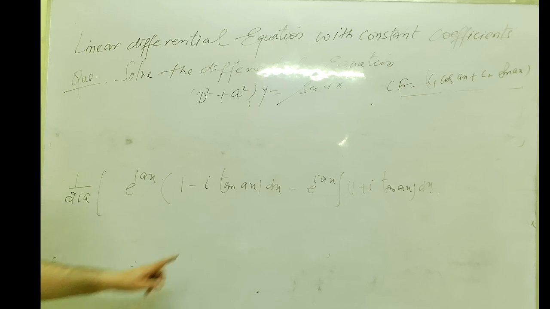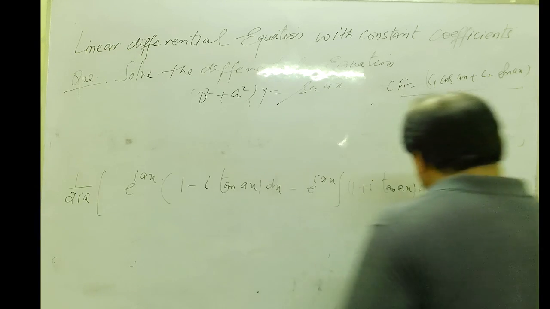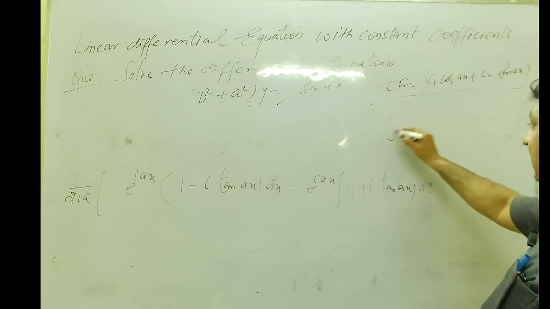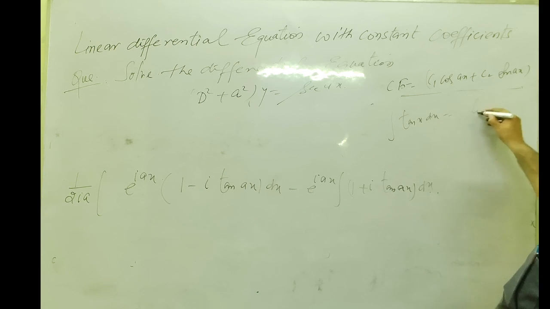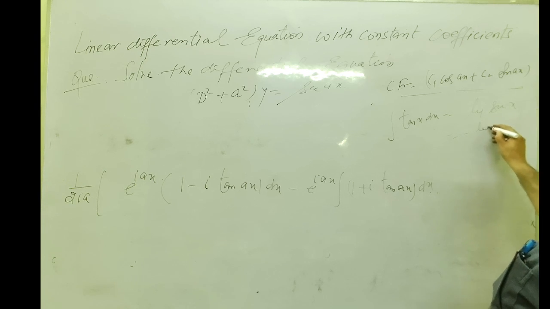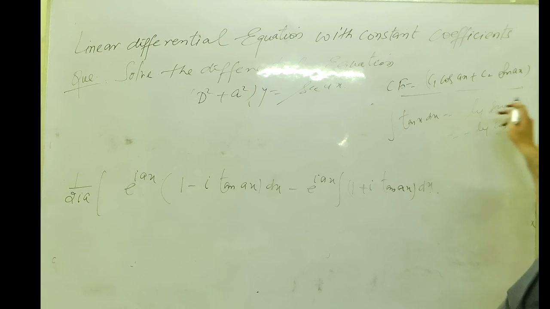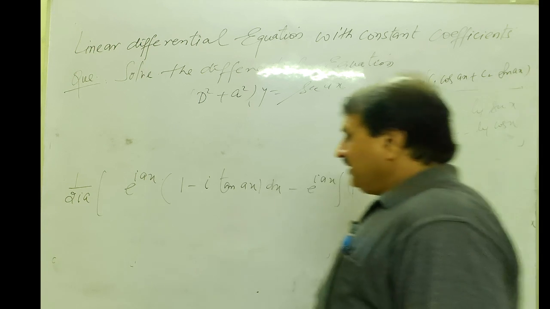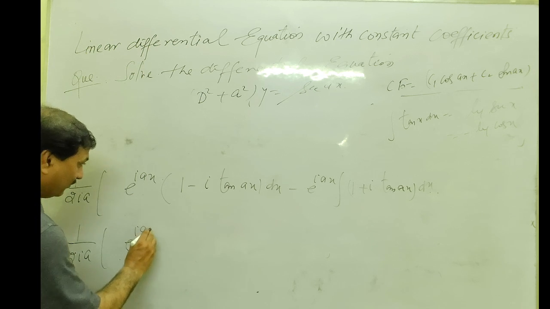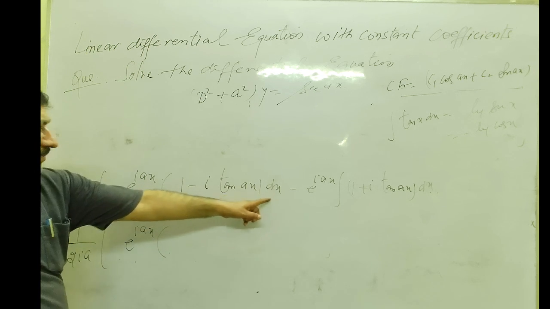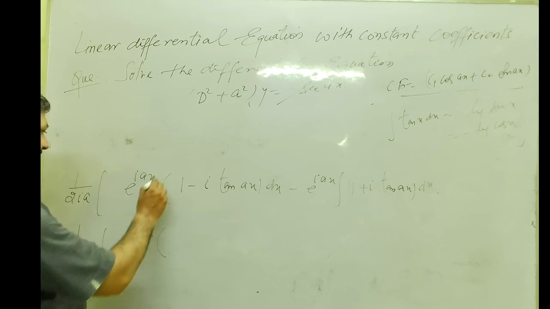My dear students, the integral of tan ax. The formula for the integral of tan x is log sec x or minus log cos x, both are formulas. So we have 1 upon 2i, e to the power iax outside, and the integral with respect to x inside.